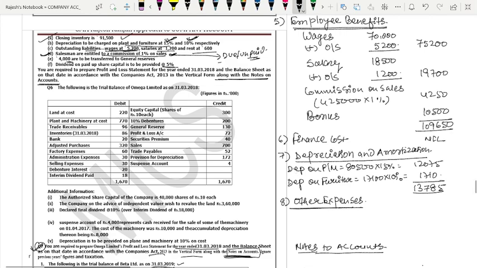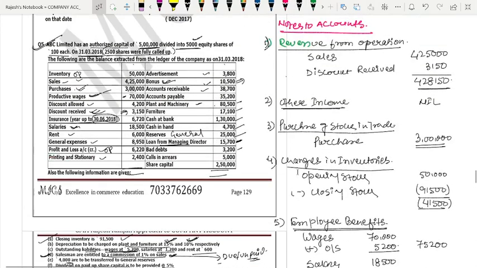Now come to the information first. Other expenses will be: discount allowed, insurance, rent, general expenses, printing and stationery, advertisement, bad debt.